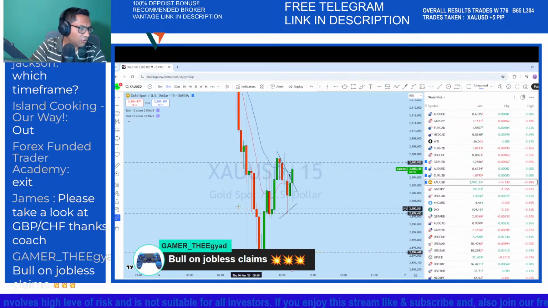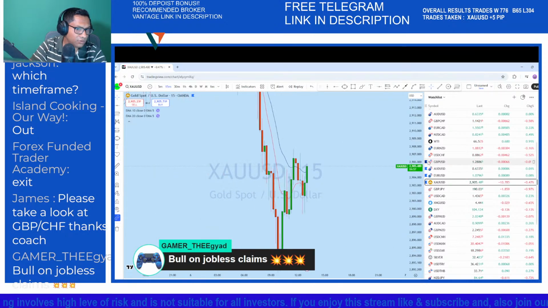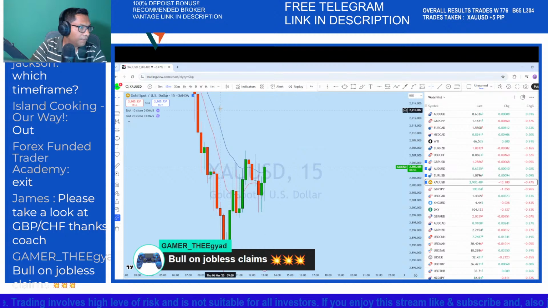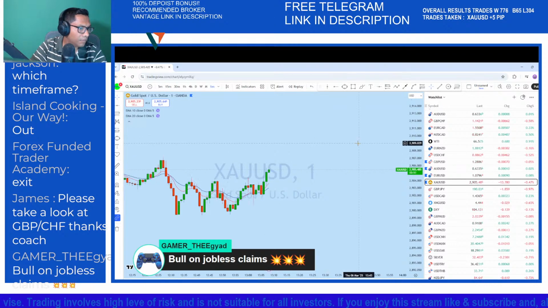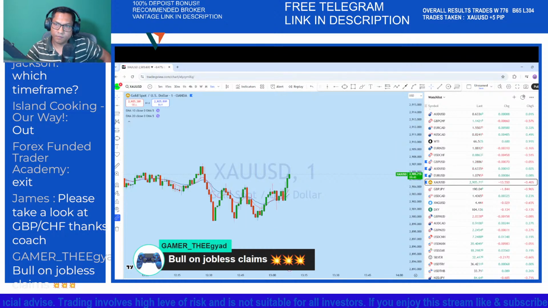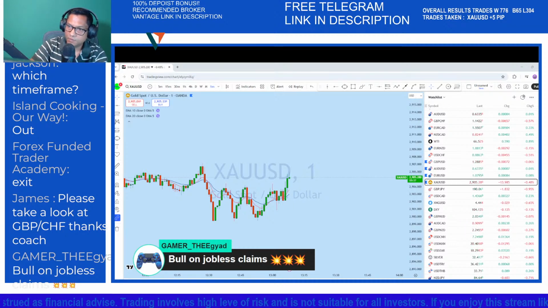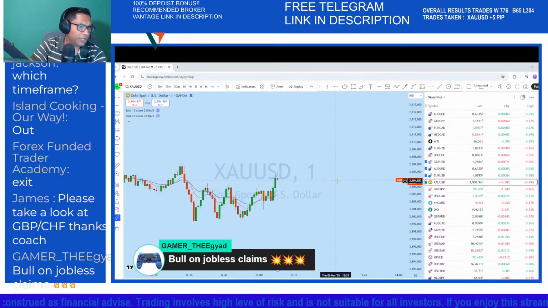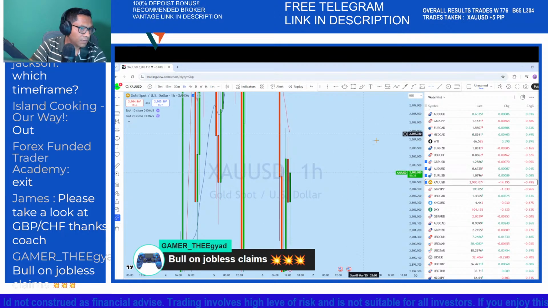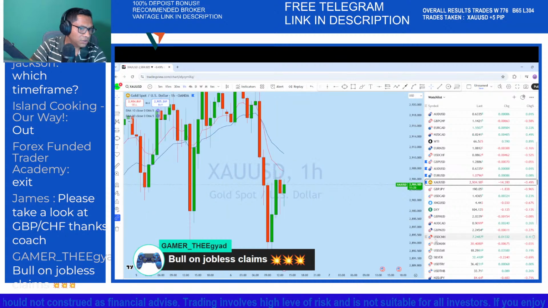We already secured one trade, so it's very little, but I'd like to have a better one. Okay, so here what we can see is the market slowly trying to bounce.